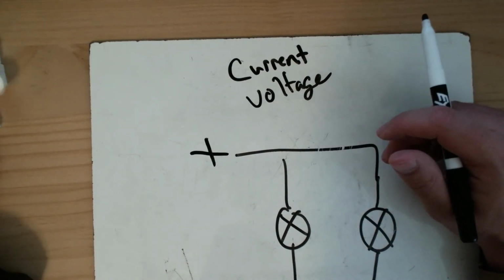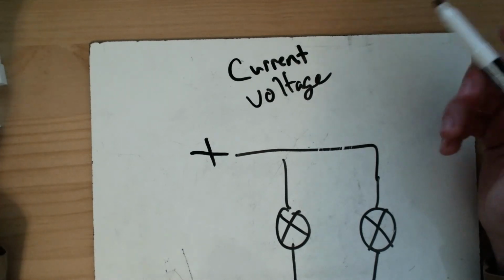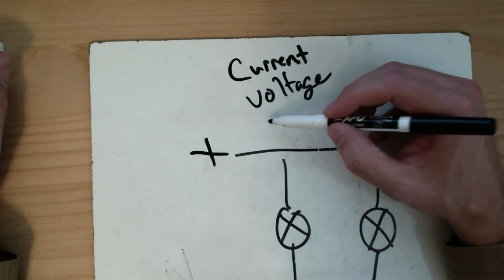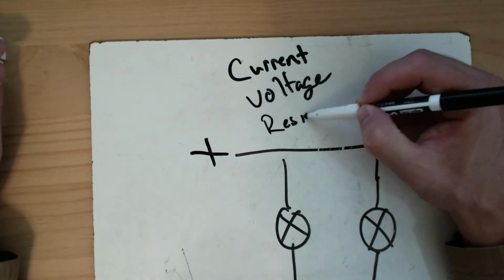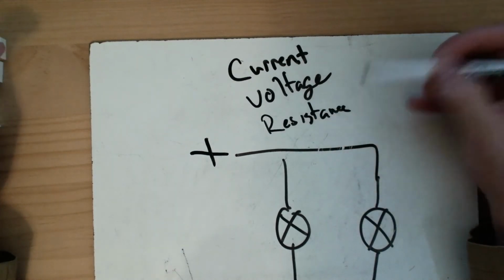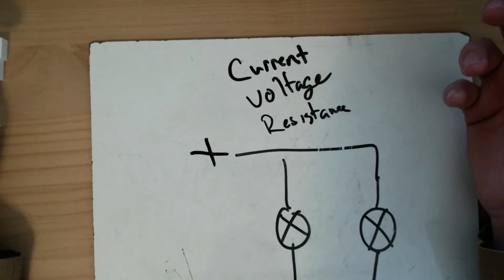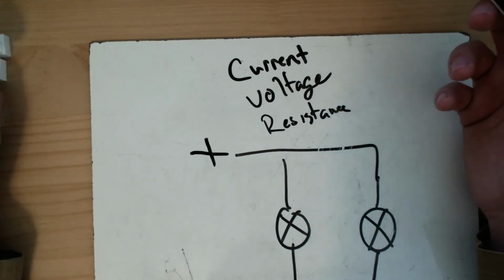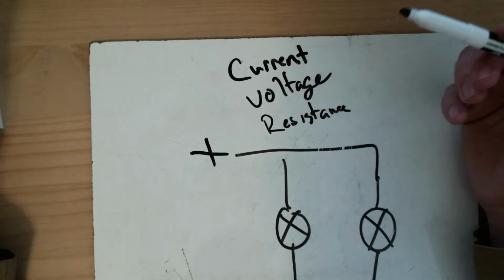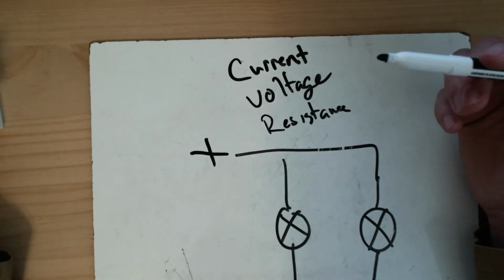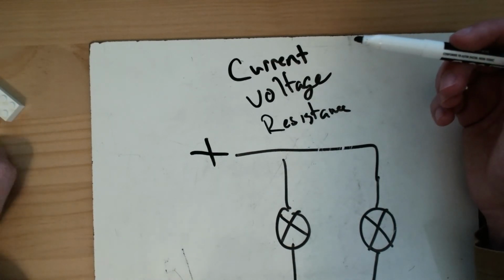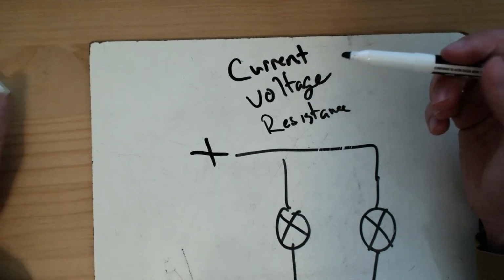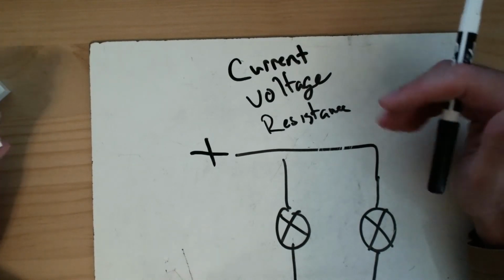Remember, voltage is provided by the battery or the source of electricity. And finally, we talked about resistance. Resistance was how much the circuit is naturally fighting back against the flow of electricity, because nothing is a perfect conductor. So resistance is just that measurement of how much effort the circuit is putting in to slow that electricity down. So we've got those three basic concepts.